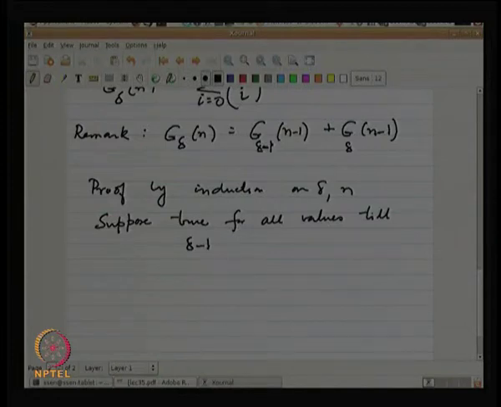Since I am not writing the induction statement, there is a slight danger. So, we are saying true for all values till delta minus 1, all values of n till delta minus 1, and true for all values.